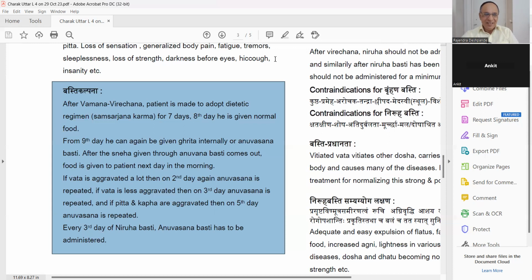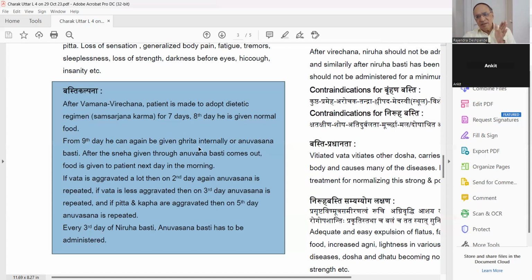After Vamana and Virechana, the patient is made to adopt a dietary regimen, that is Sansarjanakrama, for 7 days. On the 8th day, he will be given normal food. From the 9th day, he can again be given Ghrita internally. Do you understand what I have mentioned?